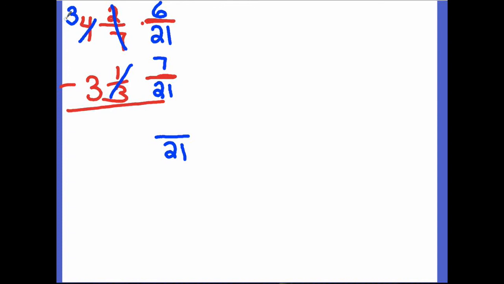Yeah, if I borrow 1 whole, I'm actually borrowing 21/21, right? So what would that look like then when I'm finished? Because you would add 6 plus 21 equals 27 over 21.